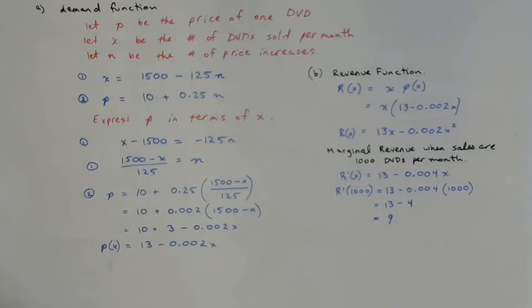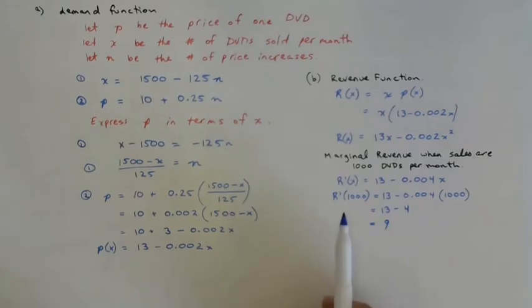So if they're selling them at this price, so when they're selling 1,000 DVDs per month, at that point, every additional DVD is bringing in $9 more for the company.